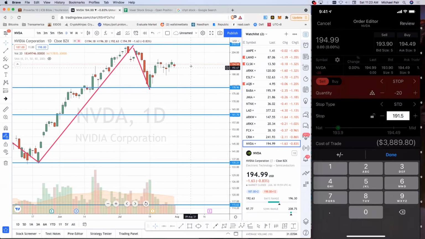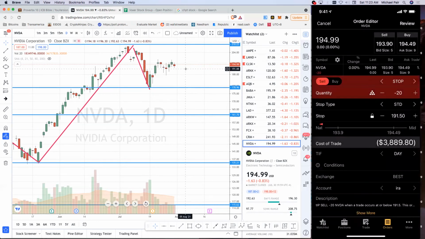What that means is, we're assuming your entry is at 178, if this stock got back down to 191.50, it'll automatically turn this order into a market order and sell you out. But there's one caveat: you're not guaranteed to make those gains between the 178 and the 191.50. What you get is called a gap.